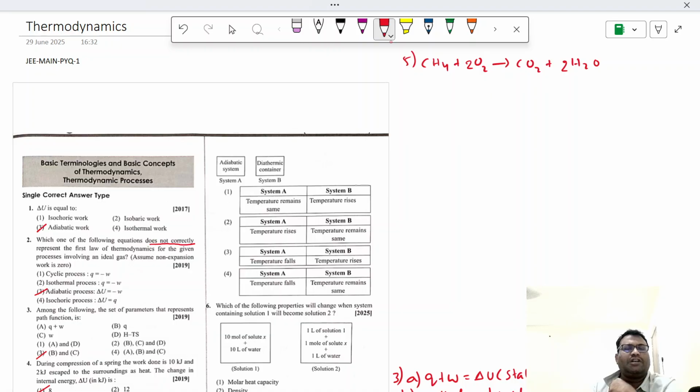Now let us take methane, considering that methane is gas. So methane is gas, oxygen is gas, carbon dioxide is gas, whereas water is liquid.